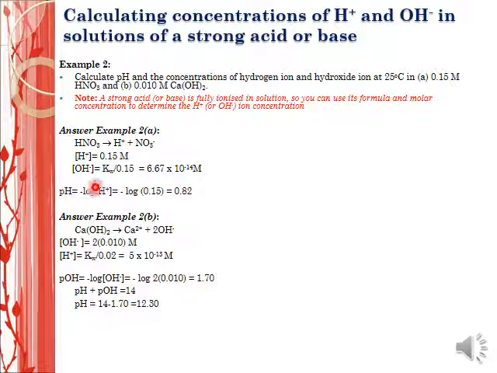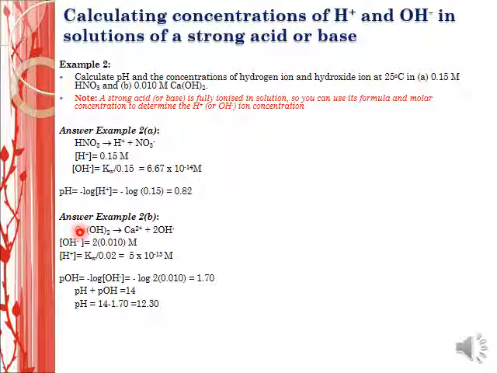Next is pH. To calculate pH, we take negative log H plus. So negative log 0.15, we get 0.82. So this shows it's an acidic solution, with pH 0.82.